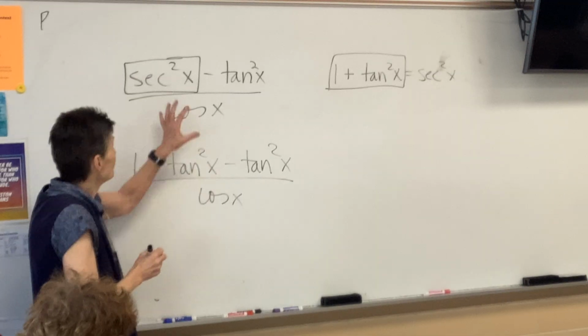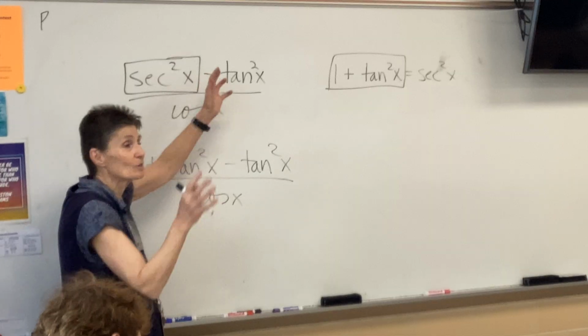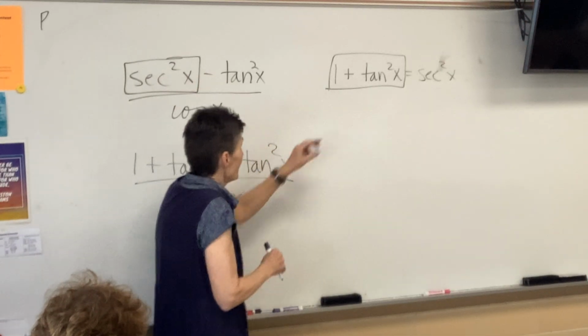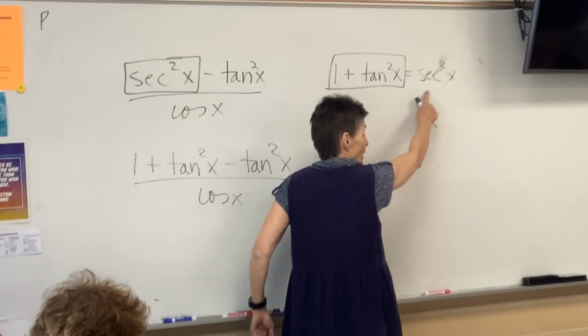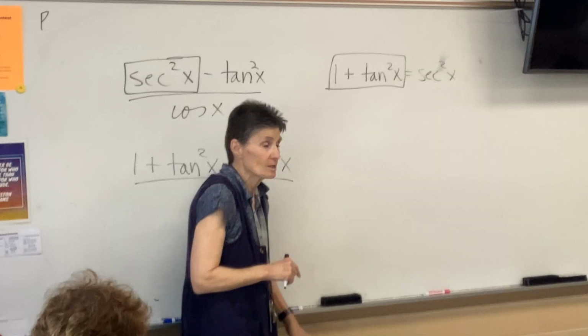So I looked at my numerator, said, okay, there's something on my sheet that kind of goes with that. It's this one. Every time I see a secant squared, I can replace it with 1 plus tangent squared. So that's what I did.